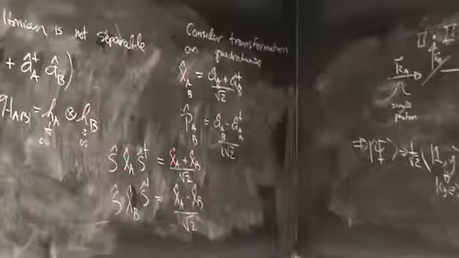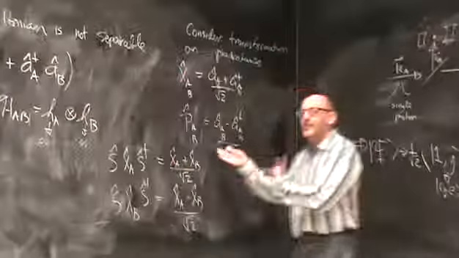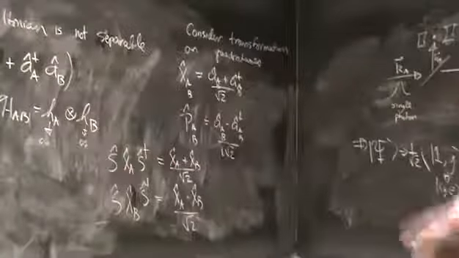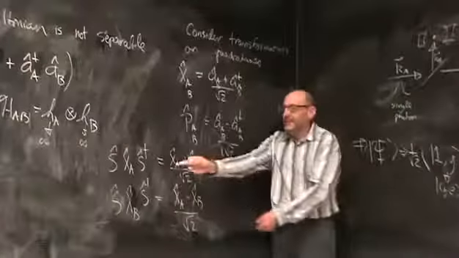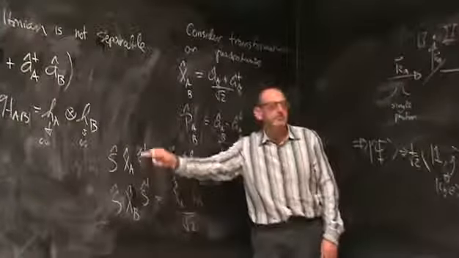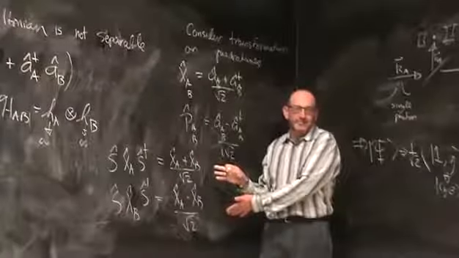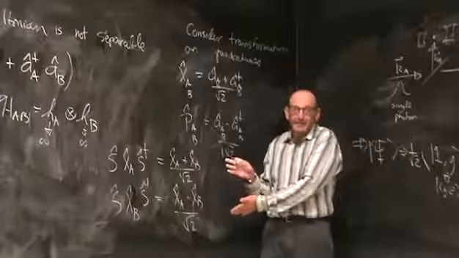Making a transformation from local coordinates to center of mass and relative coordinates is an entangling interaction. And that's what we're doing. This kind of transformation is entangling A and B by changing the coordinate system. That's all we're doing, really.